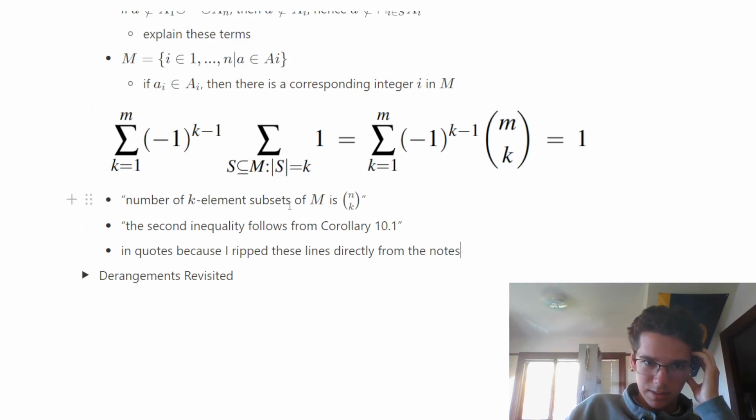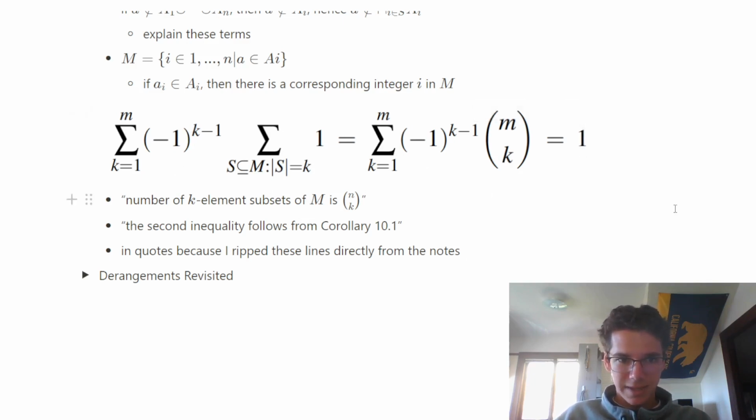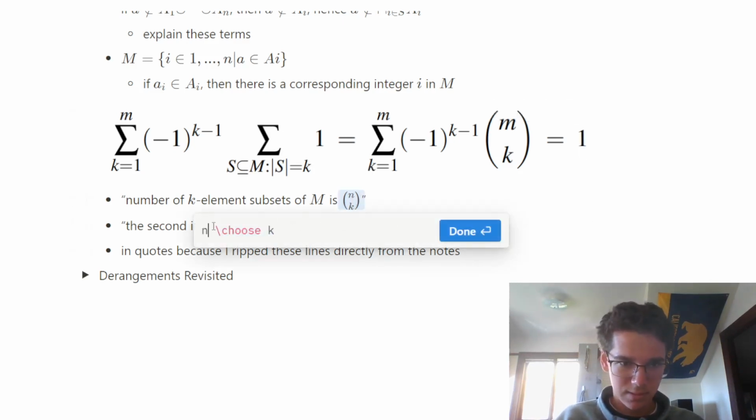The number of k element subsets of M. Okay, so this second sigma, this statement corresponds to this side of the equality and this side of the equality. So the number of k element subsets of M just equals n choose k, or M choose, I think it's M choose k. Yeah, M choose k.